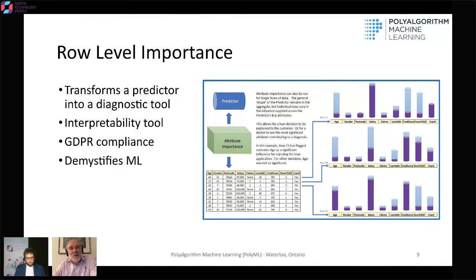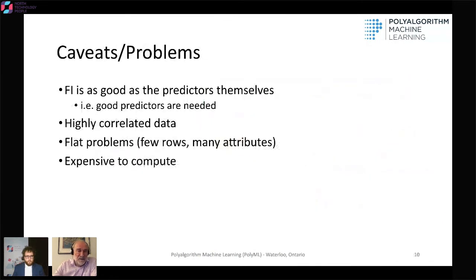It takes away this notion that the algorithm is intelligent, is doing something intelligent. No, the algorithm is just applying simple rules and is saying, in this particular case, this data is important, and that's why I'm making the decision. So again, it's in some sense trying to explain the results, but I think it has a very important factor in demystifying. A couple of caveats, I'm running out of time.